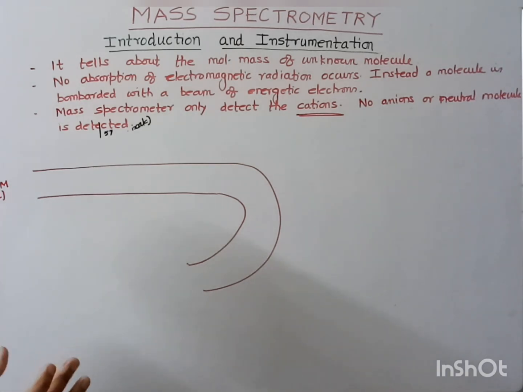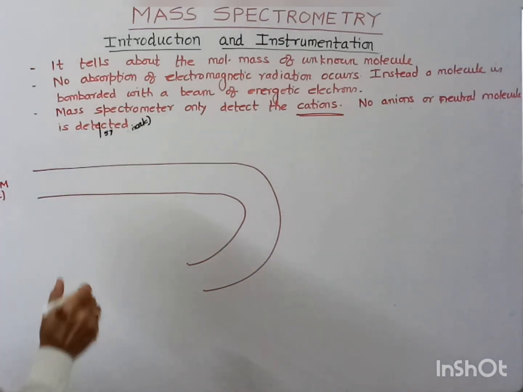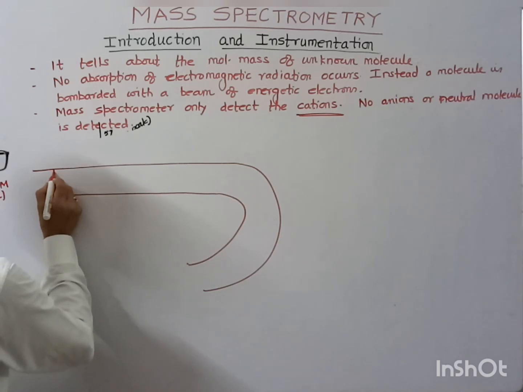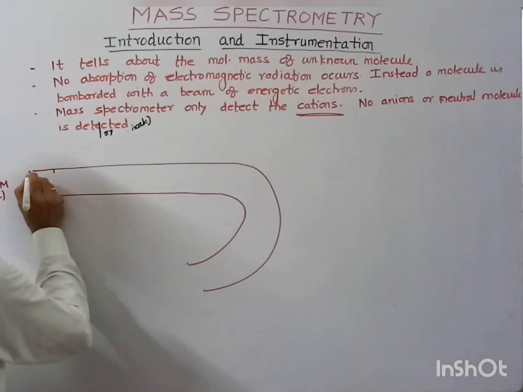If it is in gaseous form, we need not vaporize it. If it is in liquid or solid form, first of all we vaporize it. So the first part is the vaporization.